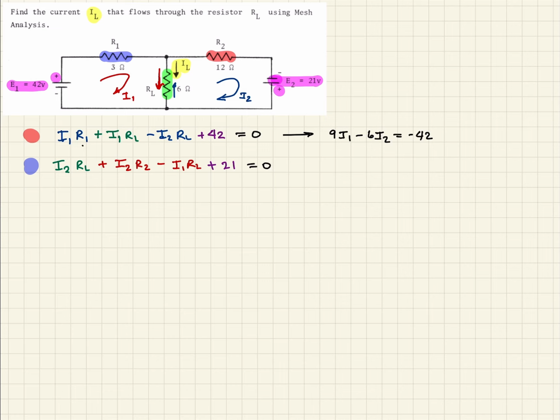And then for this one, we would have minus I1 RL, so that's going to be minus 6 I1. And then we have a 12 and a 6, so it's 18. So it's going to be plus 18 I2.